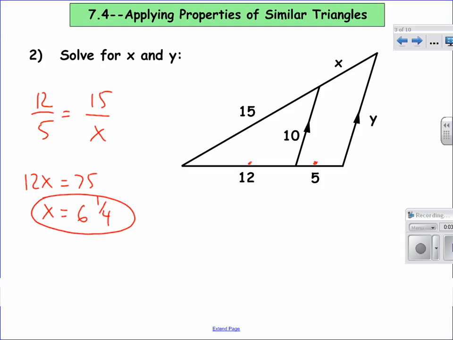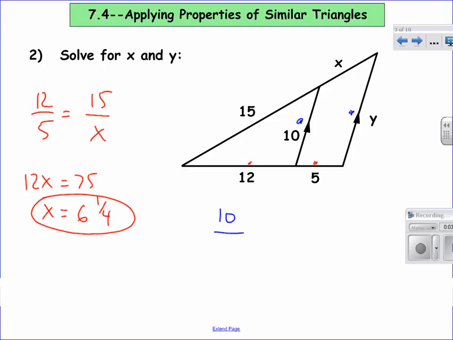We'll just use that as a mixed number this time. I'm going to kind of vary how I express these for you, just to give you a few different ways of doing that. For y here, let's compare the bottoms, 10 to y. Those are corresponding sides.